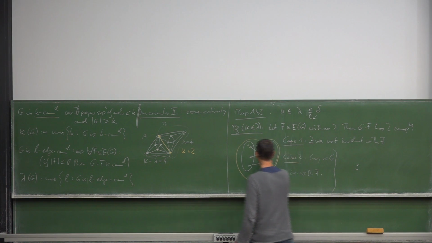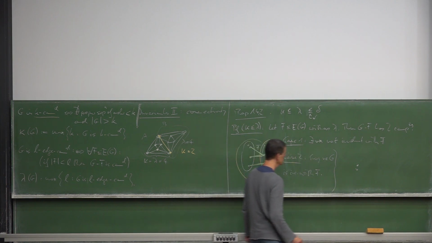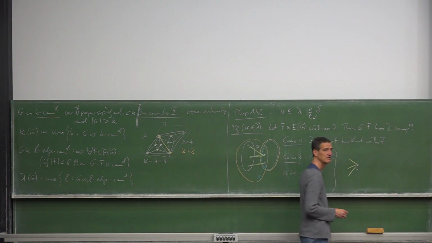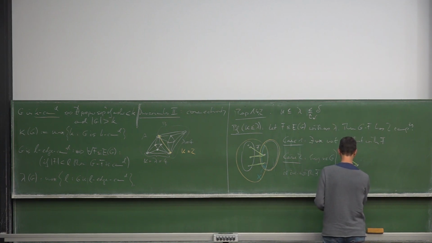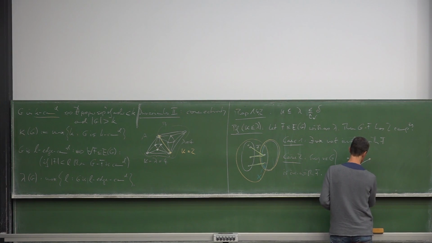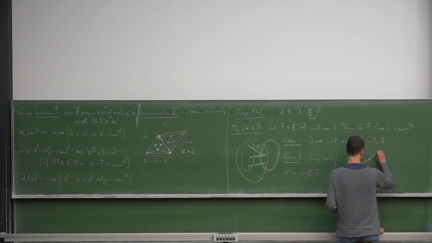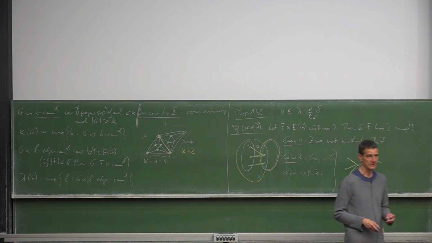What color should we give F? Green. Okay, so F is green, and V has some edges in F that it's incident with, at least one, and maybe it has some other edges as well. But the neighbors to which you get through these other edges are also incident with F by assumption.